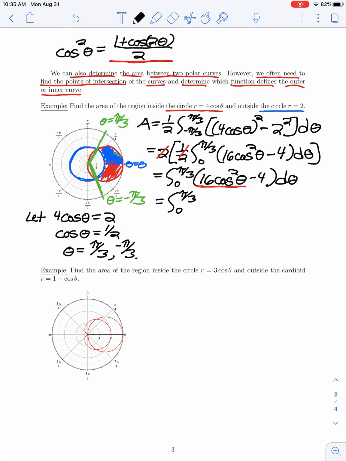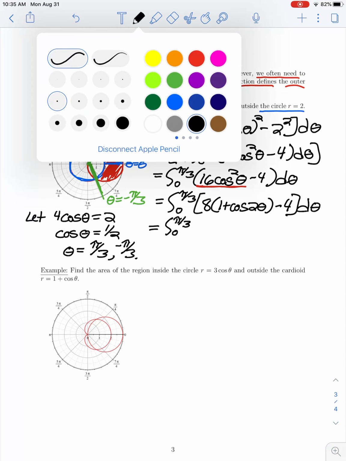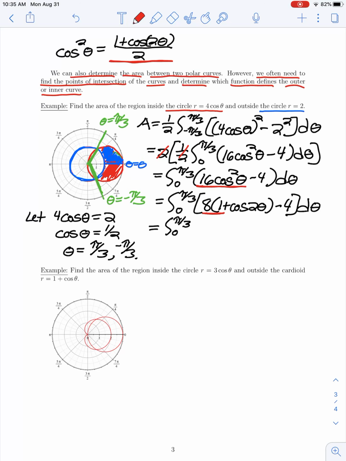So we have the integral from 0 to pi over 3 of 8 times 1 plus cosine of 2 theta, minus 4 d theta. Grouping some like terms together, I have a constant 8 minus 4, which leaves us with 4, and then plus the 8 times cosine of 2 theta d theta.